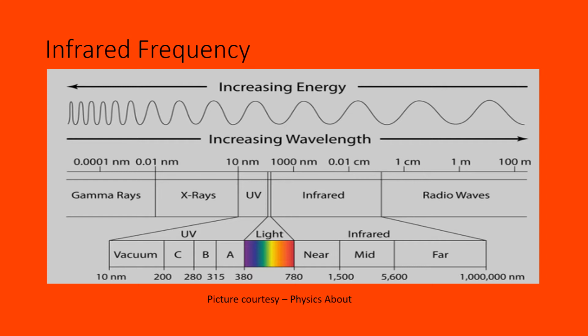The actual infrared range is between 780 nanometers to 1 million nanometers. This you can see in the picture. The conversion between nanometers and frequency is a simple calculation. 10 million divided by nanometers will give you frequency in cm⁻¹, and 10 million divided by frequency will give you nanometers.